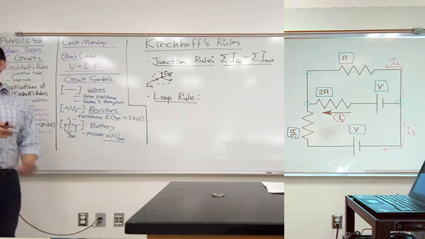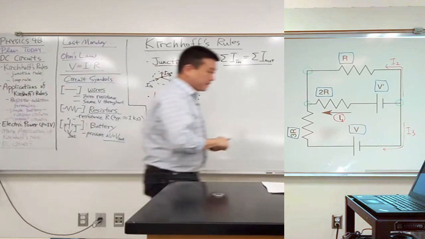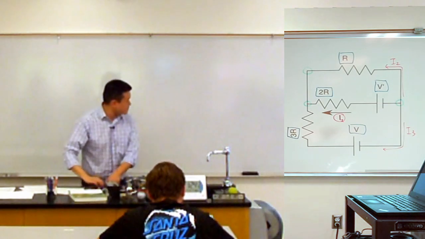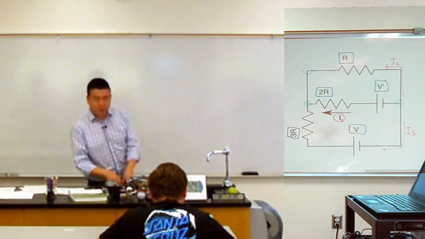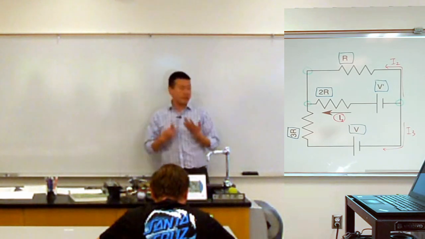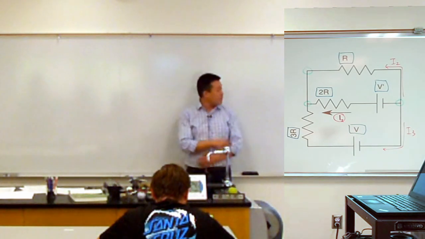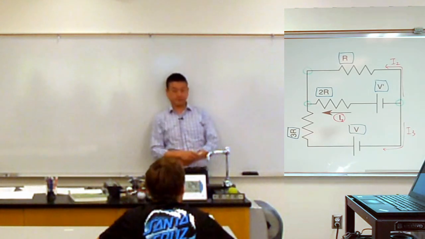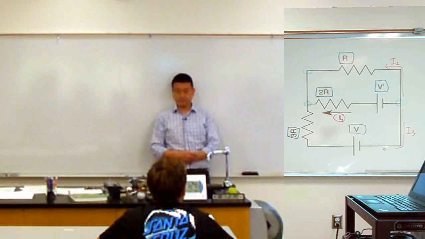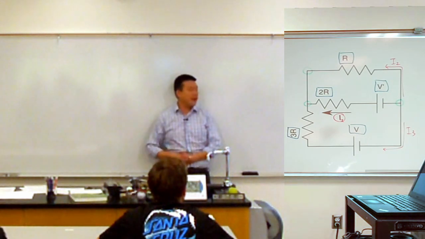So the loop rule involves loops, as the name says. Let me ask you this question, just to help you start thinking about what loops are. In this one circuit, how many loops do you see? Okay, I hear 2.